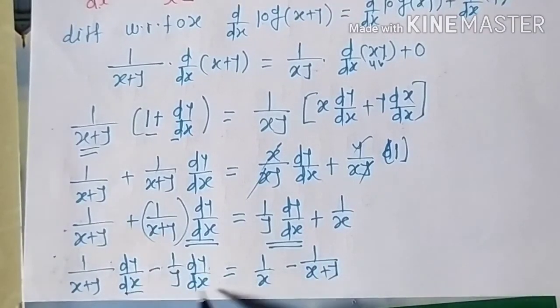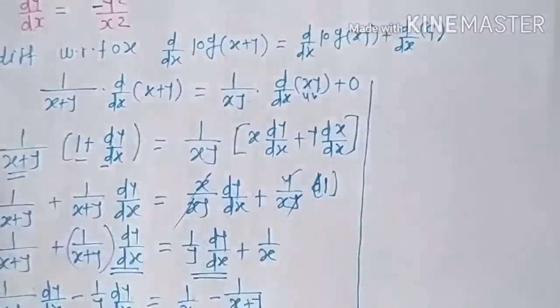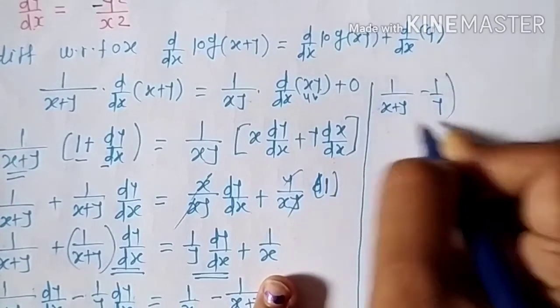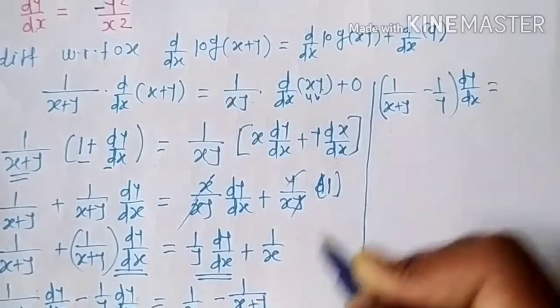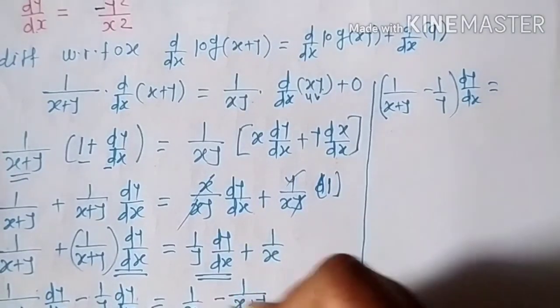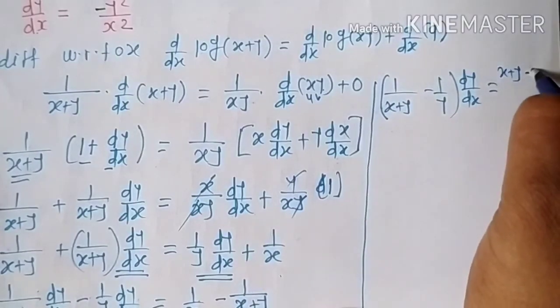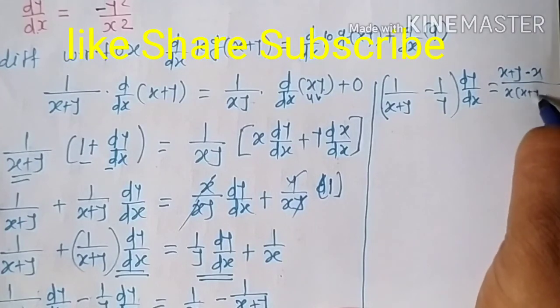Then take this dy by dx outside, so 1 by x plus y minus 1 by y into dy by dx is equal to, cross multiplying, 1 into x plus y minus x into 1, that is minus x, divided by x into x plus y, okay.